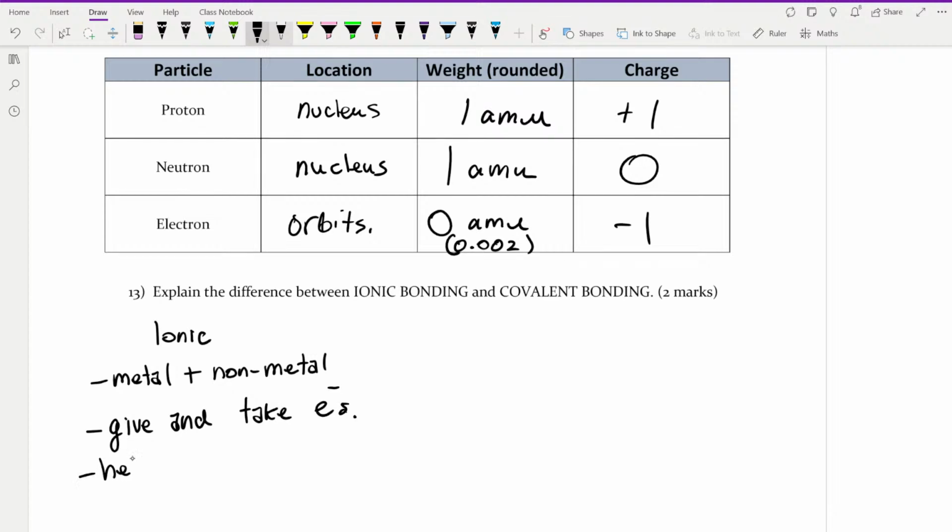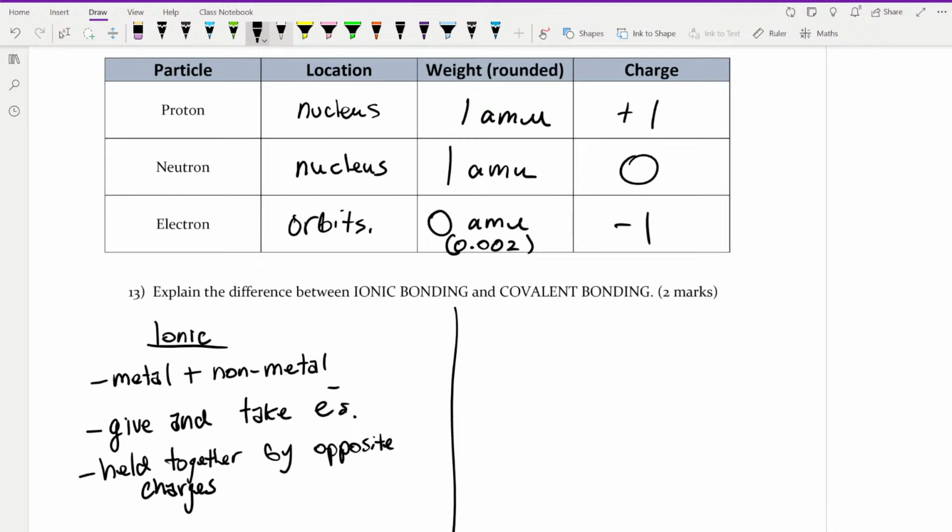We can say held together by opposite charges. And covalent, we can say 2 nonmetals. We can say it's the sharing of electrons.